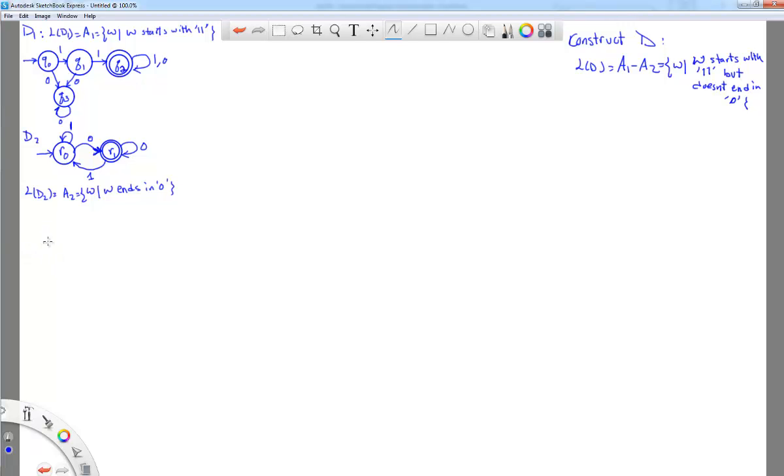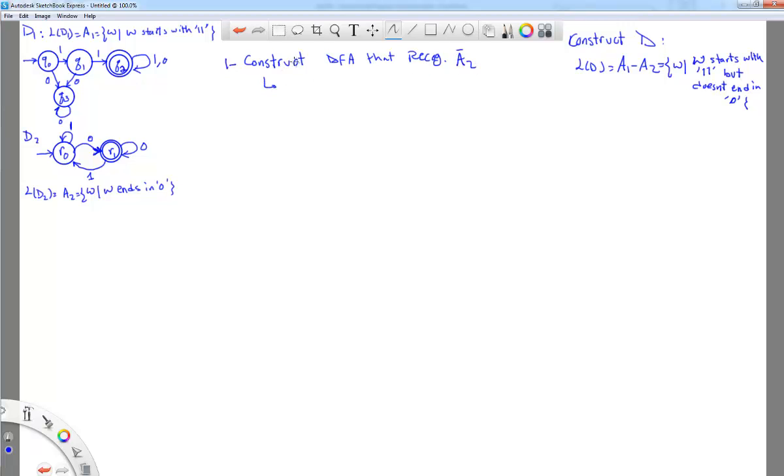So from D sub 2, first is construct a DFA that recognizes the complement of A sub 2.